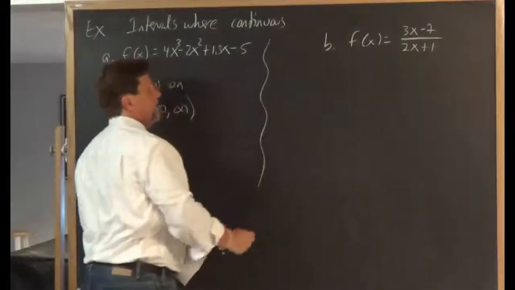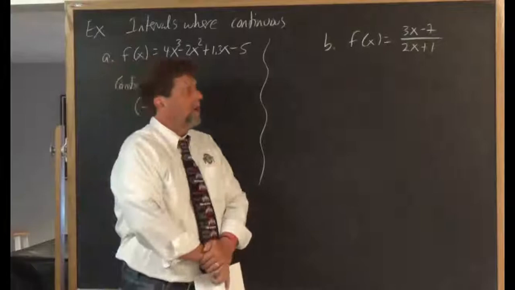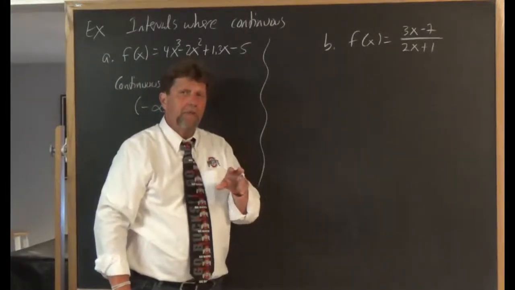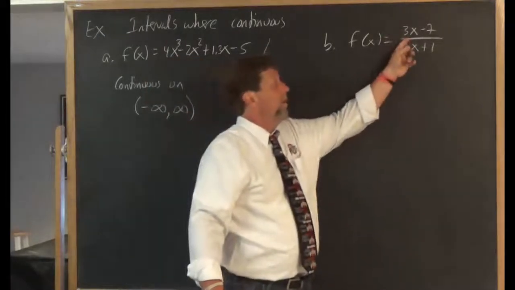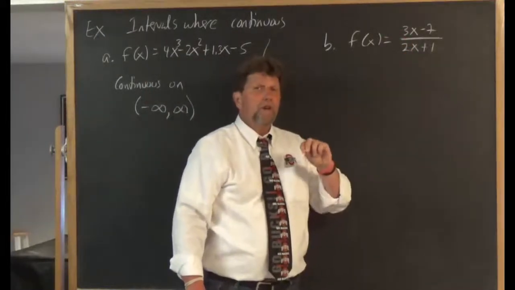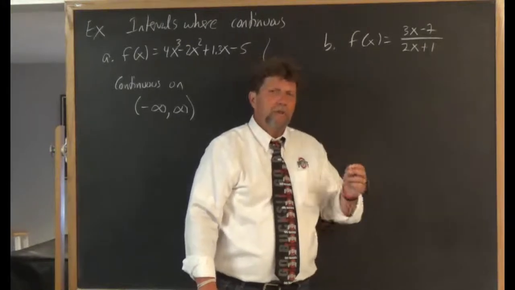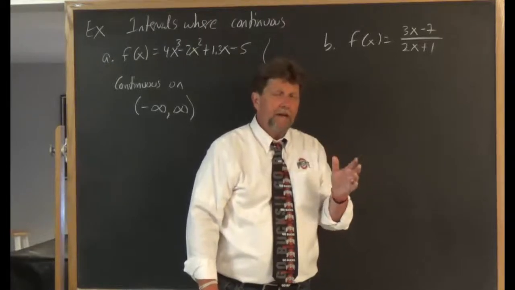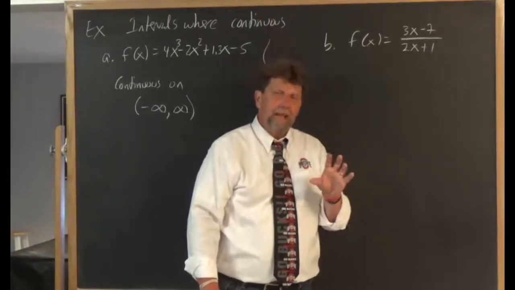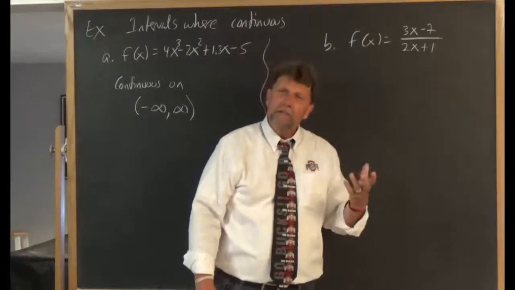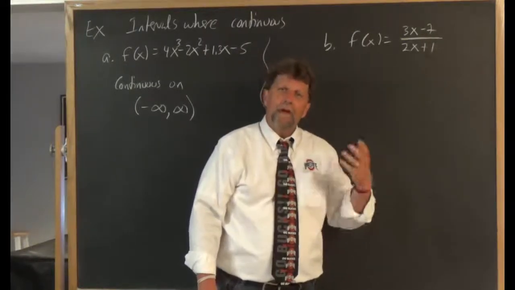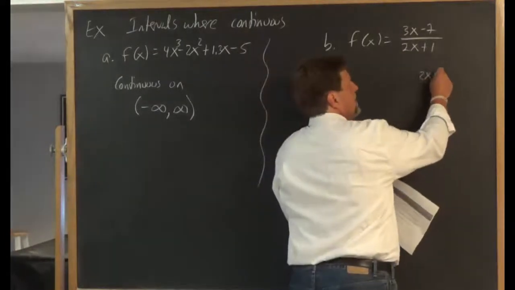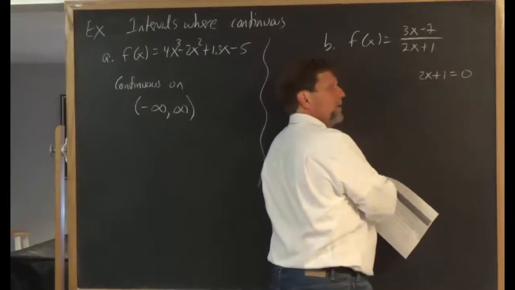Part B, you were given the function f of x equals (3x minus 7) over (2x plus 1). Note this is a rational function because you have a polynomial over a polynomial. So anytime you have a rational function, you're continuous at all values of x as long as that value of x does not make the denominator 0. So look at the denominator. What value of x makes 2x plus 1 equal 0?